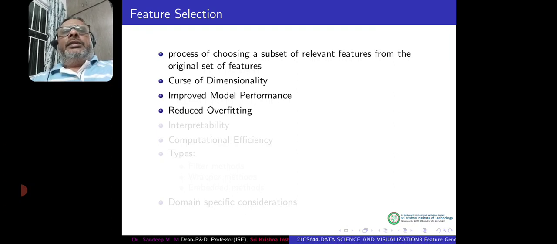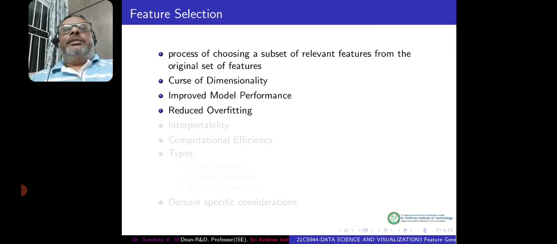That means when the features are selected appropriately, then the model performance during training as well as during testing will be almost the same. So that means it will be a better fit.